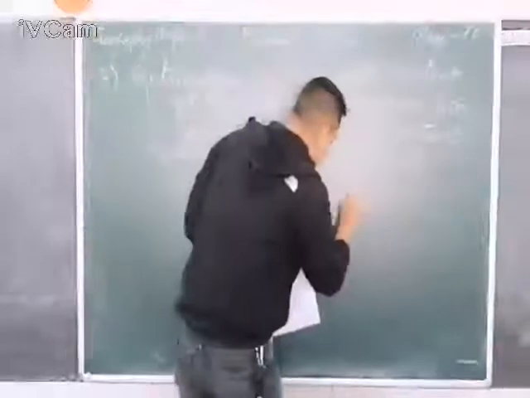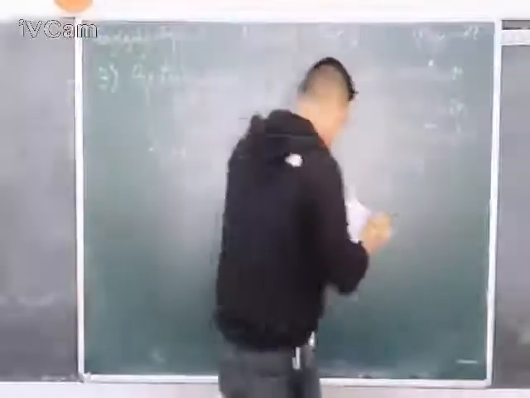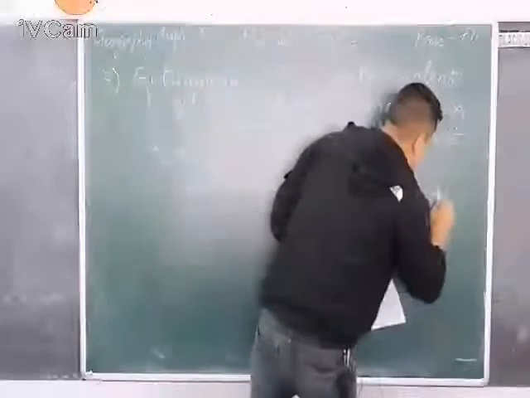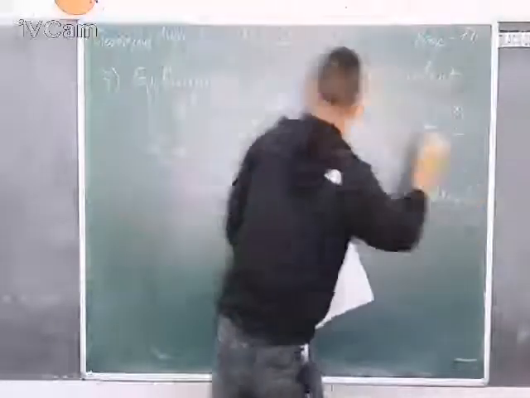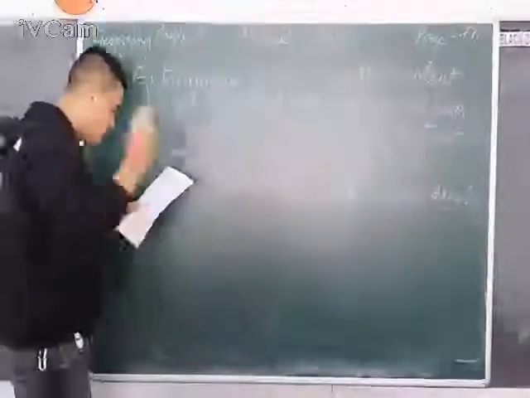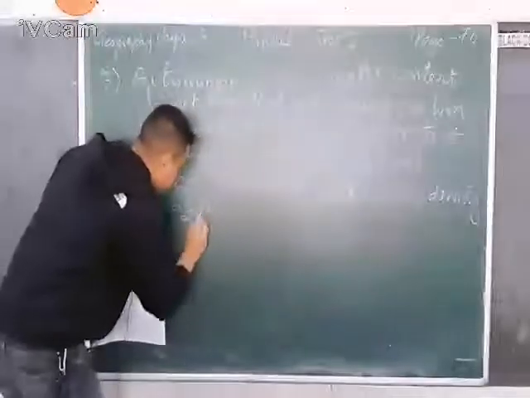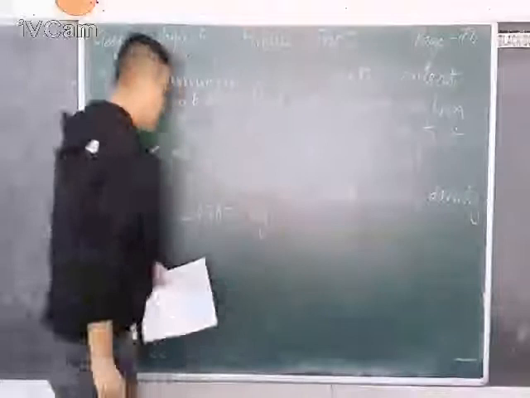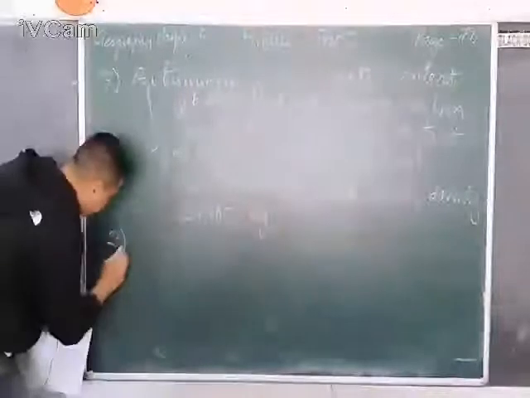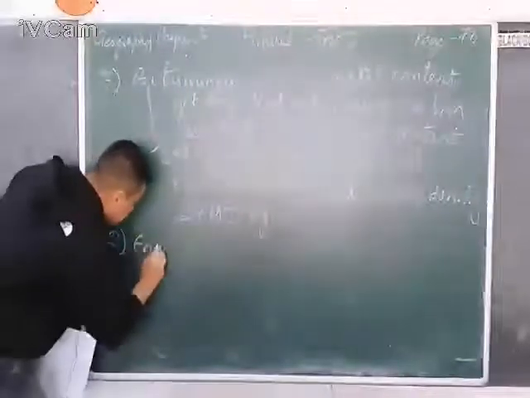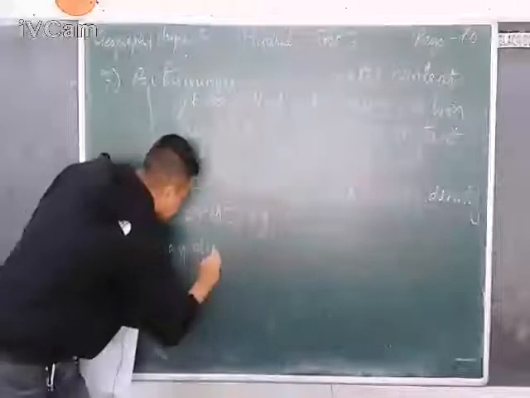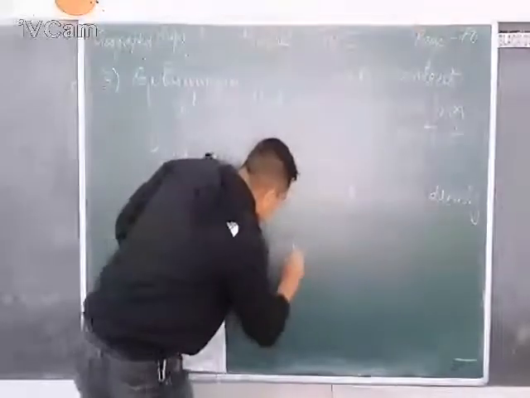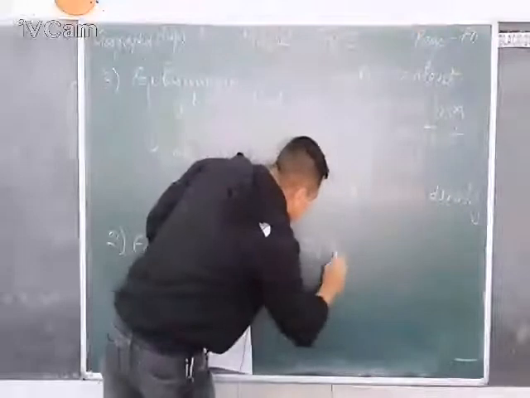I forgot to mention the energy density of lignite, so I'm writing it down. The energy density of bituminous coal is 27 megajoules per kilogram. Whereas for lignite, number 2, the energy density, which I forgot to mention, is 18 megajoules per kilogram.